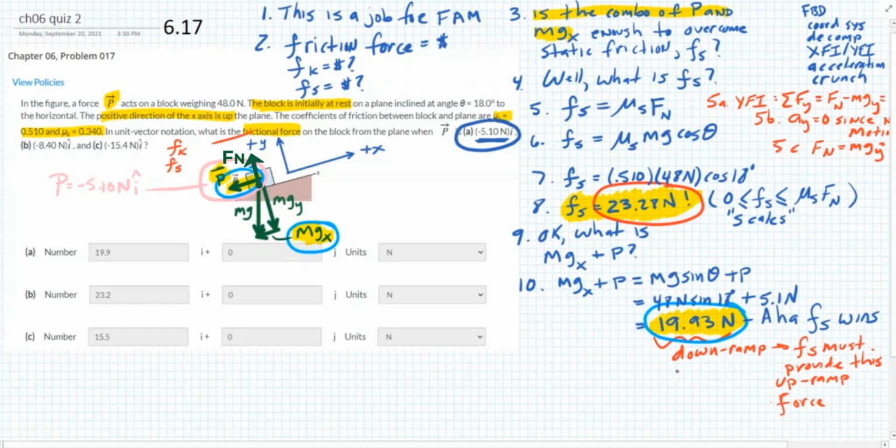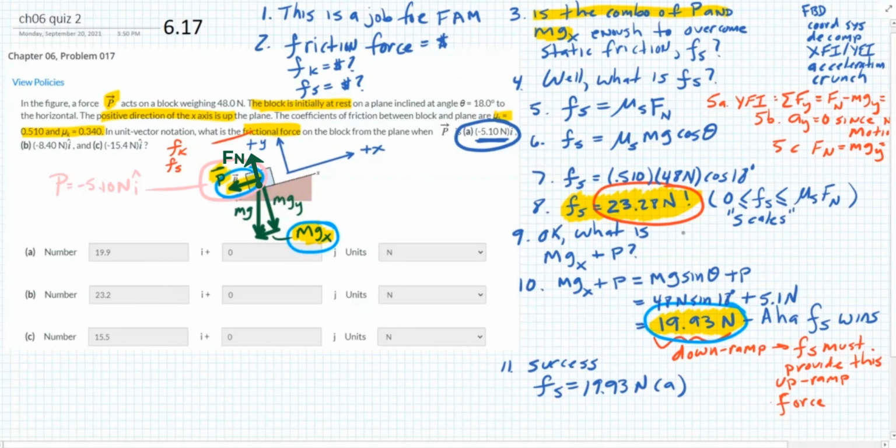So, number 11. Success. F sub S, in this case, equals 19.93 newtons. That's the answer to part A. And again, just so I'm not being confusing, I mean to say static friction can grow to be as great as 23.28 newtons.